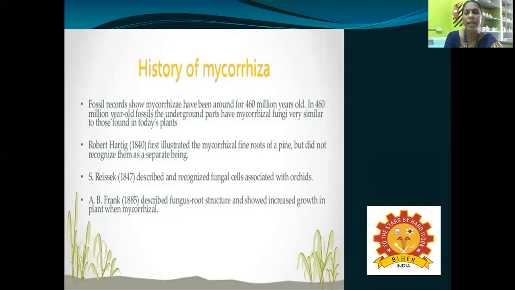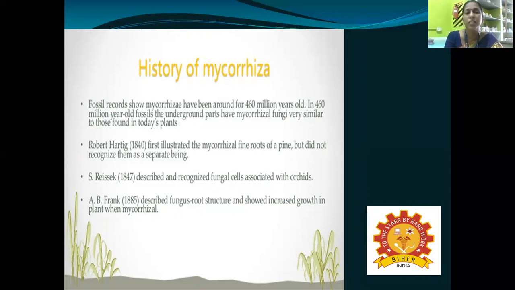Robert Hartig, in the year 1840, first isolated the mycorrhizae from the roots of a pine tree, the needle-shaped pines, but did not recognize them as a separate being.